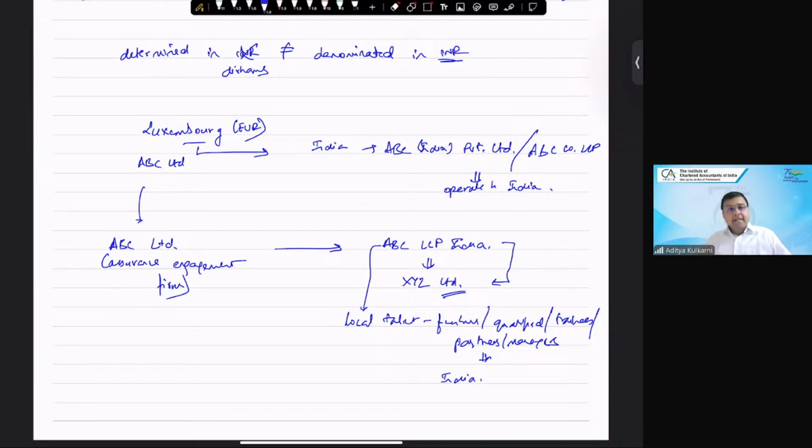India. Obviously, that's absolutely right. I'm not talking about denominating the engagement fee. I'm talking about determination of the engagement fee. The engagement fee will be determined based on the pricing in India.